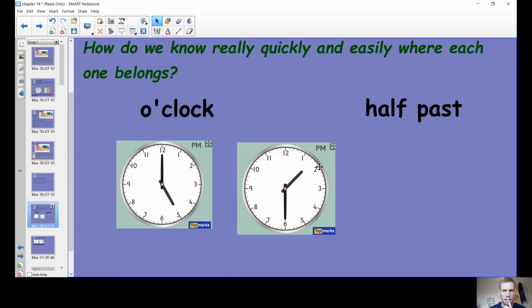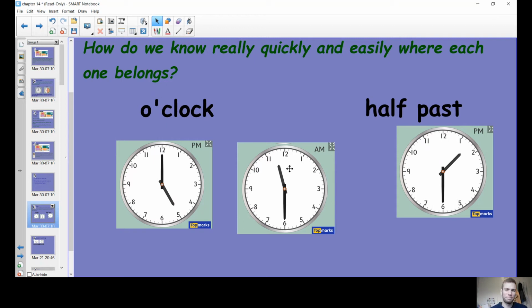Now, I think that minute hand has travelled halfway around. I think it is half past. But half past what? Well, let's look at that last number the hour hand would have pointed to. So it's gone past the 1, but it has not gone past the 2. So it is half past 1.